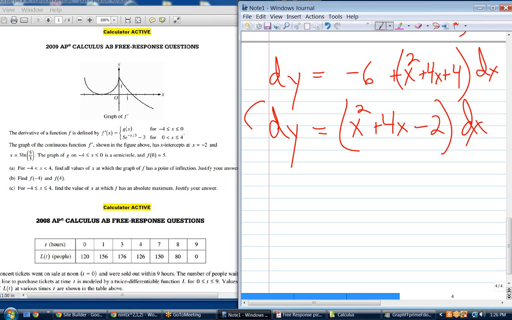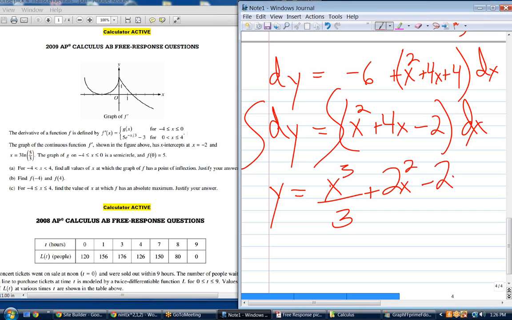So when we integrate both sides, I get y equals x cubed over 3 plus 2x squared minus 2x plus c. You see how I got that? Now they tell us that this initial condition, usually differential equations, particularly like this, I'm not an expert on differential equations, but I understand differential equations where you can separate the variables.